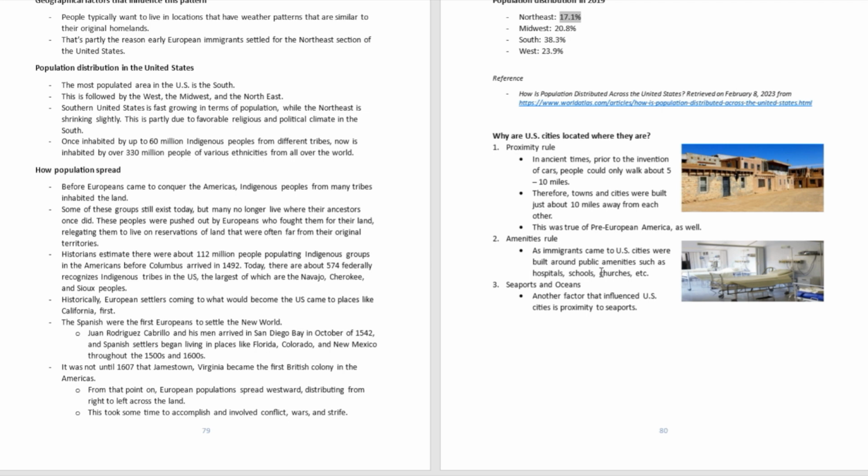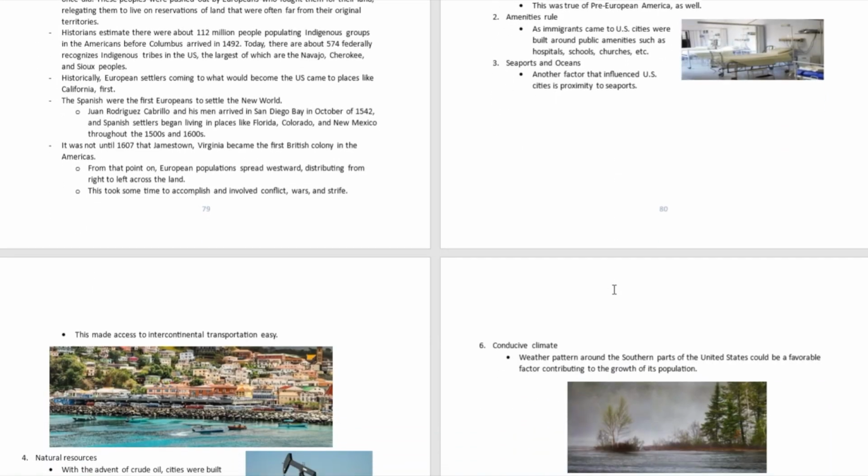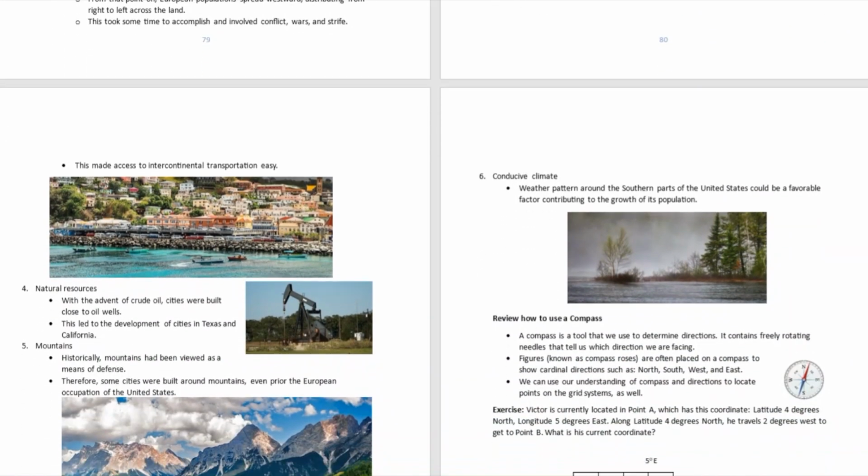Another reason people locate cities is in consideration of sea transportation. Anywhere you see quick access to the ocean, people typically want to congregate over there. That's what happened in New York and all these other northeastern places, because they're really close to the ocean, and people just started building their homes really close over there.